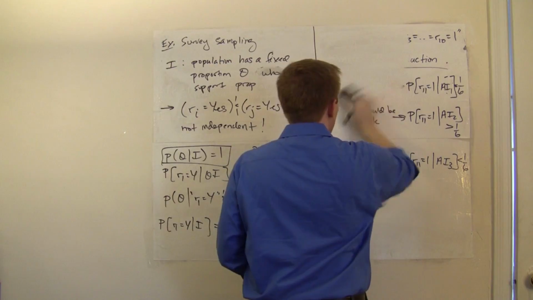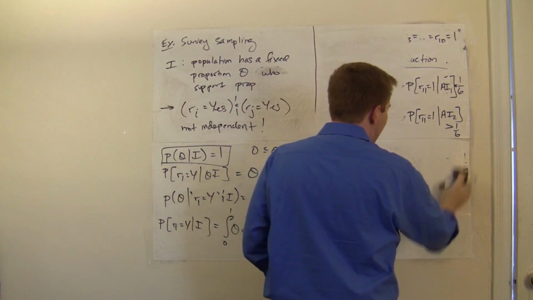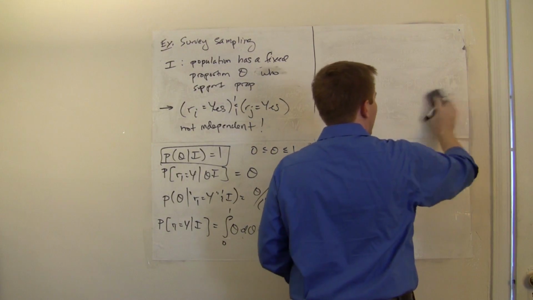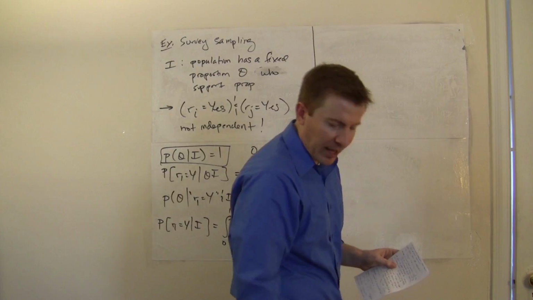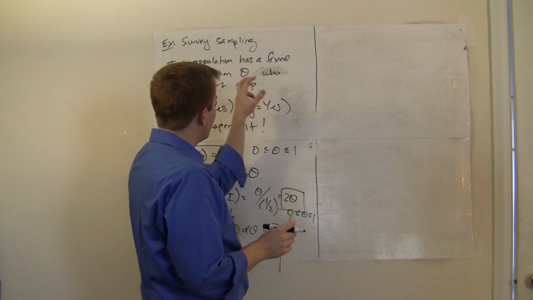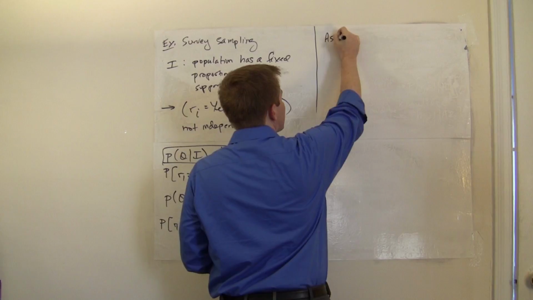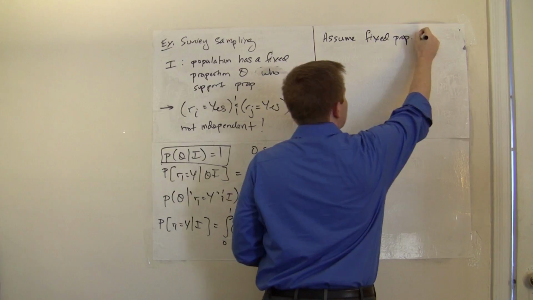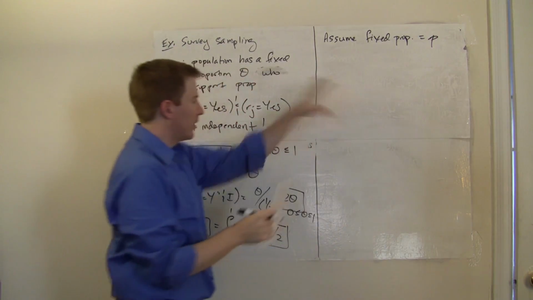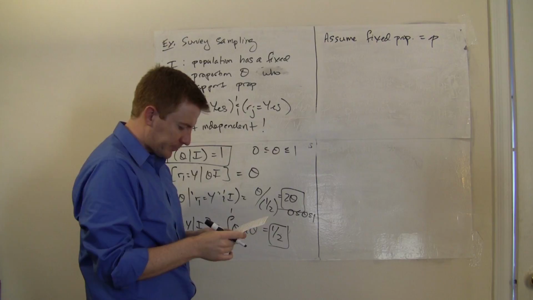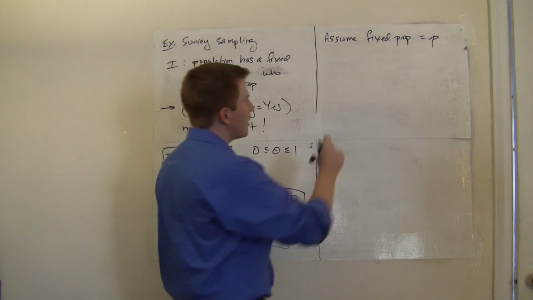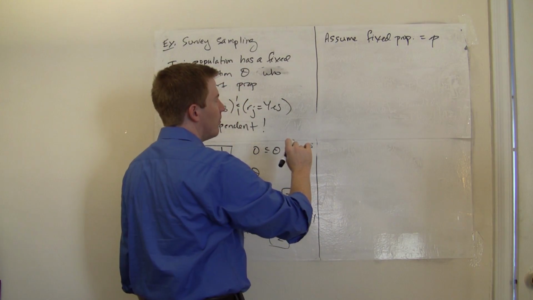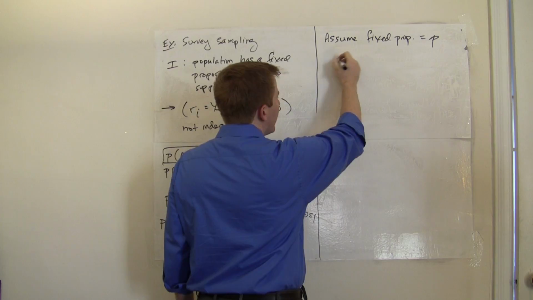All right. So let's imagine that we had done this somehow, or we had come up with a working hypothesis that we were going to condition on for what this parameter is. So let's say that we assume that the fixed proportion has a particular value, and let's just call it little p to make it kind of clear the difference here. So if we start conditioning on that assumption of the parameter being a value little p, then we can ask the question, right?